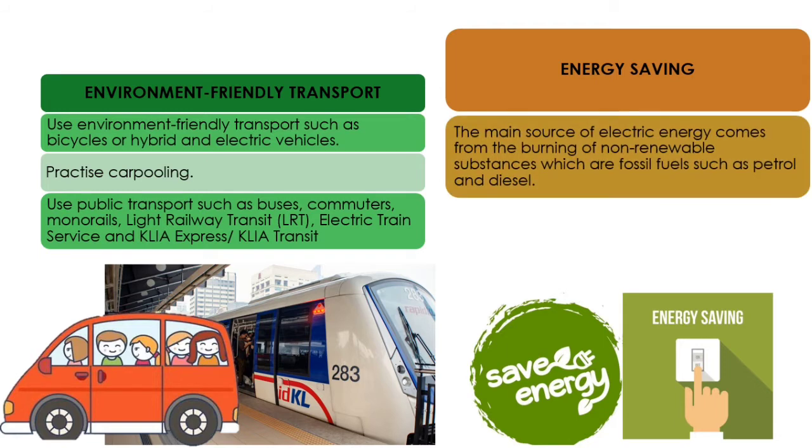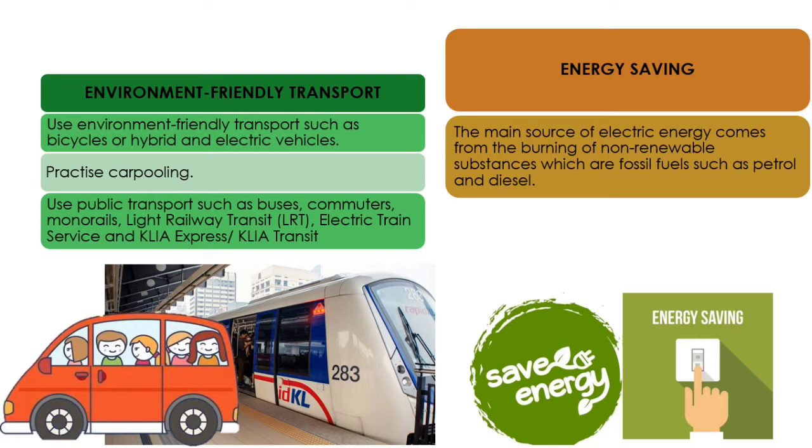Okay, and how to practice energy saving? Because the main source of energy, electric energy, comes from the burning of non-renewable substances such as fossil fuels, which are petrol and diesel.